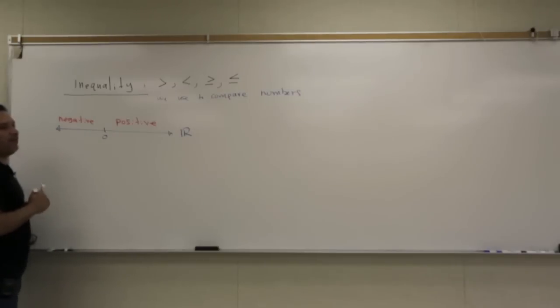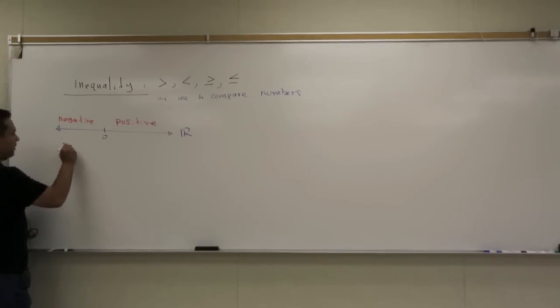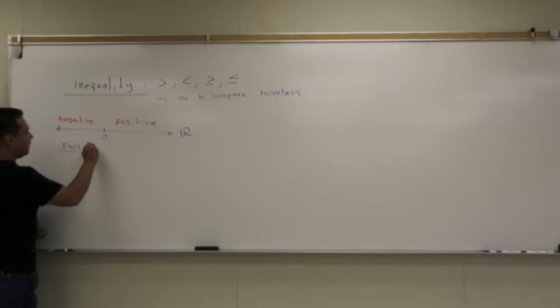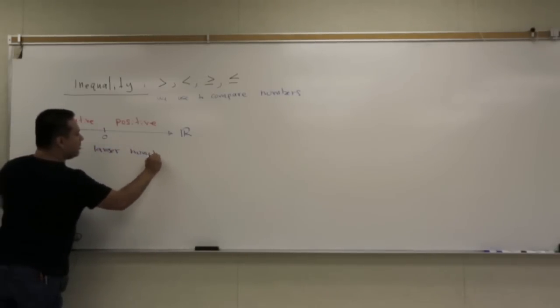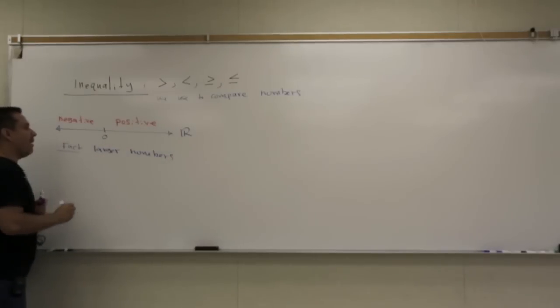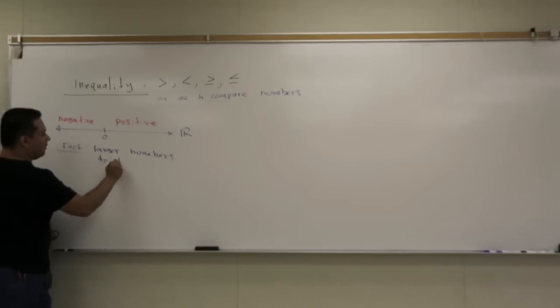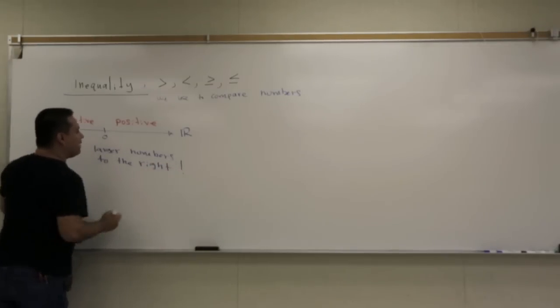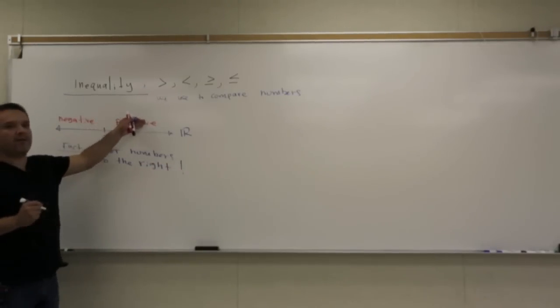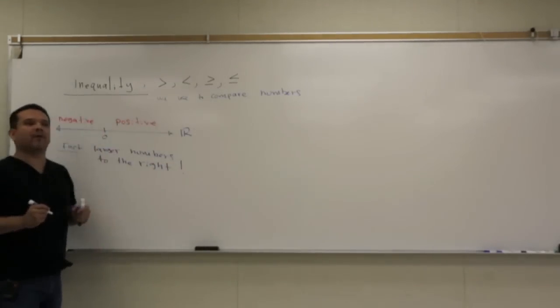Here's an important fact that you always want to remember. Larger numbers live where? To the right. Good. Larger numbers live to the right. The further you go to the right on the real number line, the bigger the number.